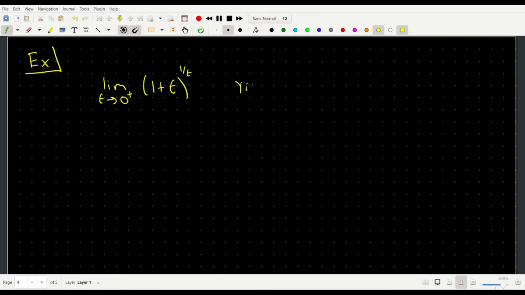This yields a 1 to the infinity indeterminate form because 1 over t is going to positive infinity and 1 plus t is going to 1 as t goes to 0.